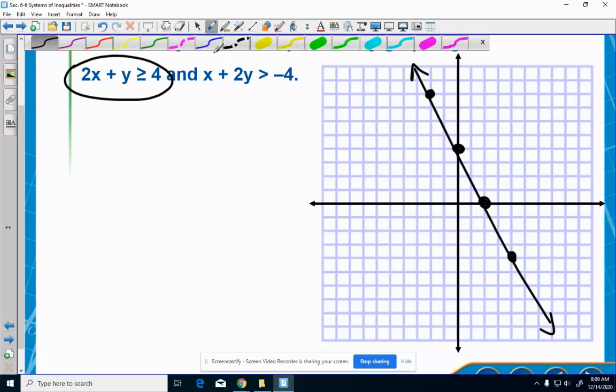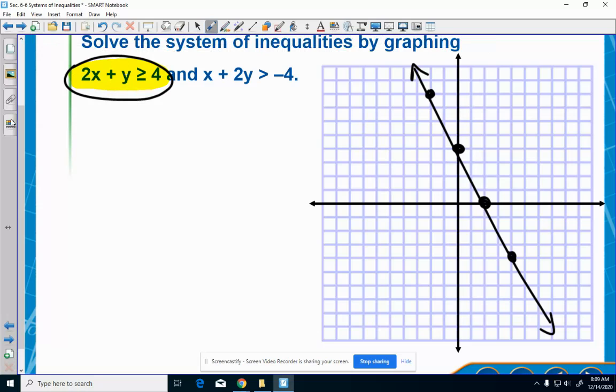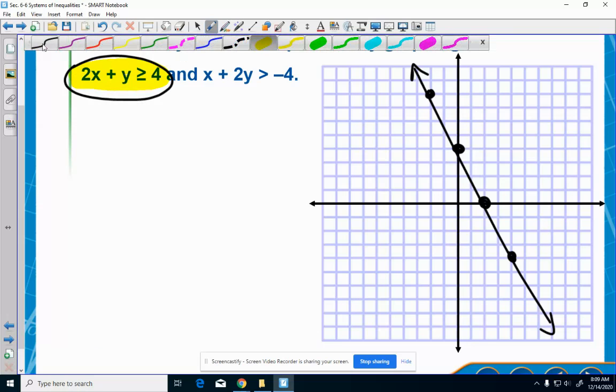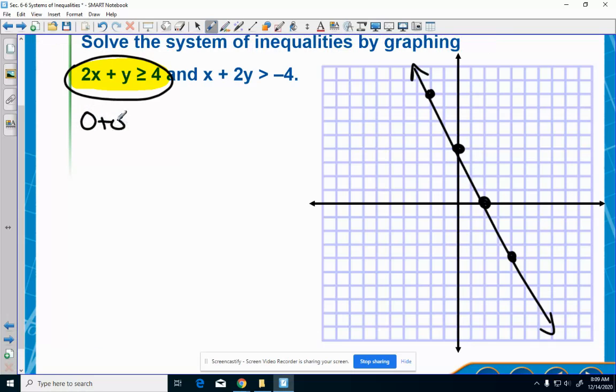Now, here's an old trick if you remember this one. I can't really just look at that sign right now. I'm going to have to plug in an ordered pair. So if I plug in the ordered pair 0, 0, if I put a 0 in both of these spots, is 0 greater than or equal to 4?